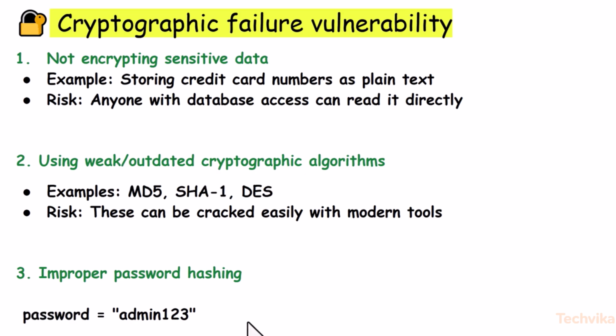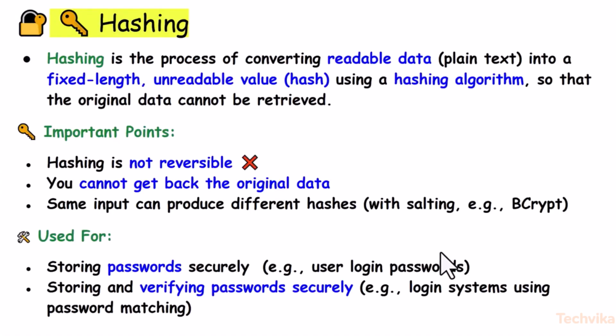Okay, next we will talk about improper password hashing. What is hashing? Hashing is the process of converting readable data into a fixed length unreadable value. That means hash, not encryption.